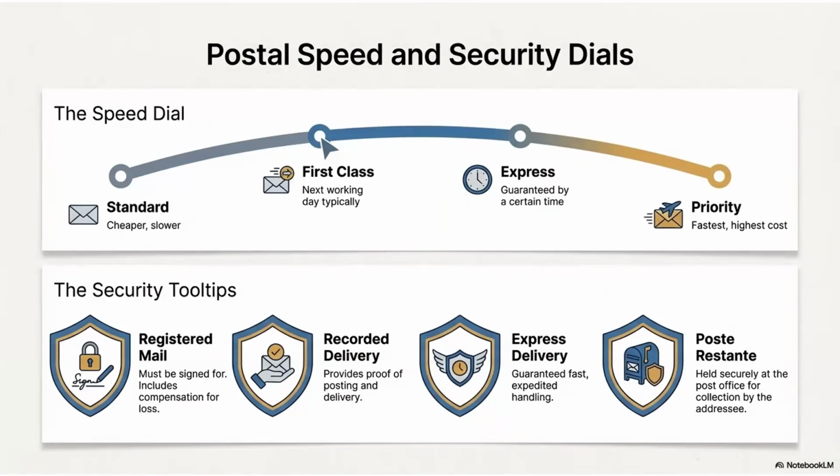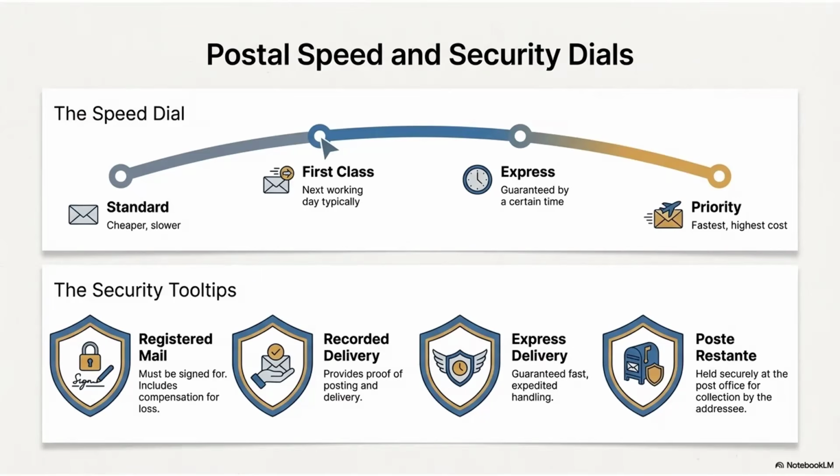You have different types of mail. You have standard, first class, express, and priority. Does this sound like economy, higher economy, first class, and business class? Kind of like that, but for mail.